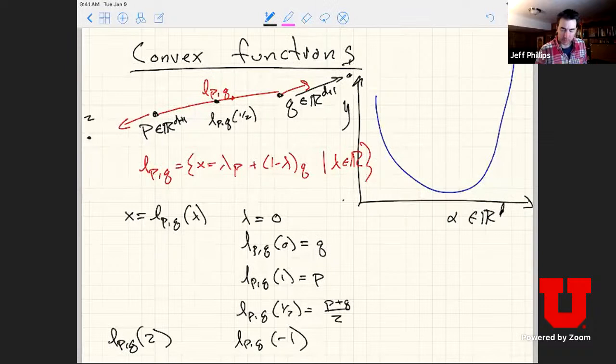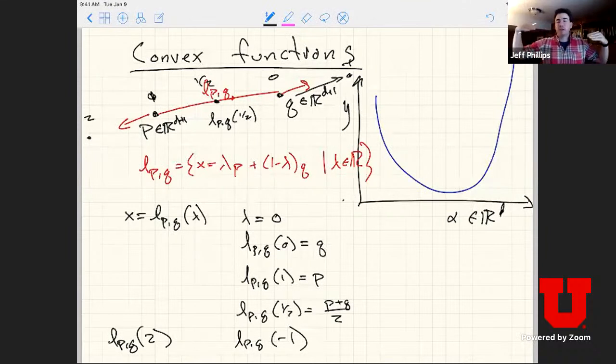This is 2, this is -1. And I basically parameterized this: I have this is 1, 1/2, 0. I've kind of have this line parameterized by this linear combination of P and Q.